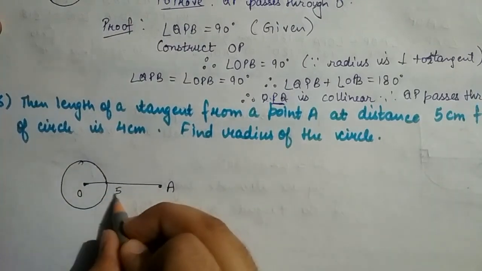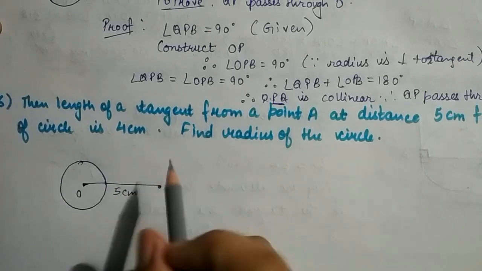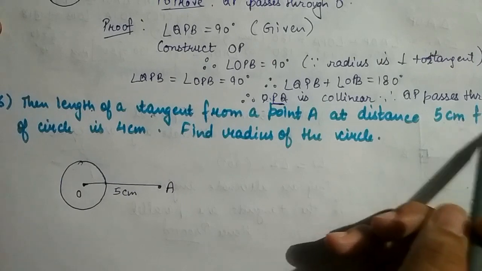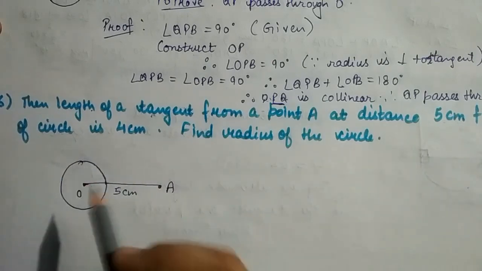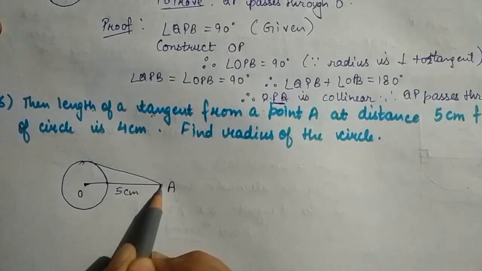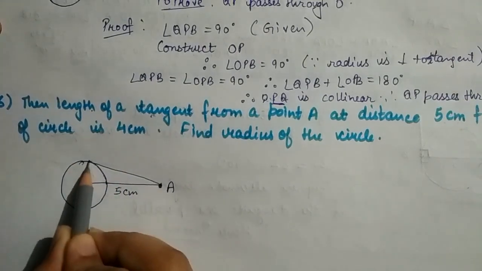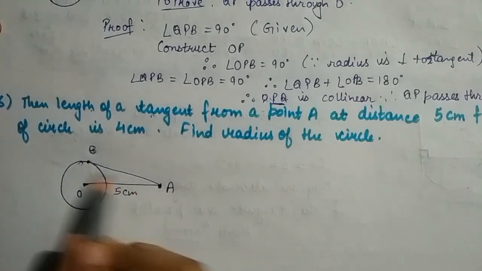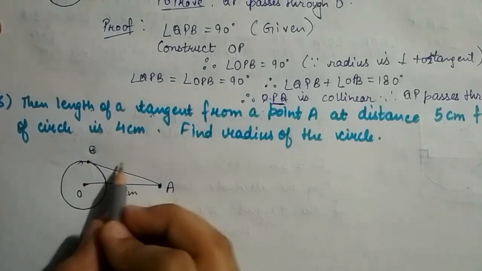So this distance is given to be 5 cm, and the length of the tangent from point A. Now if this is the tangent from point A to the circle, and this be point B, then BA is given to be 4 cm.